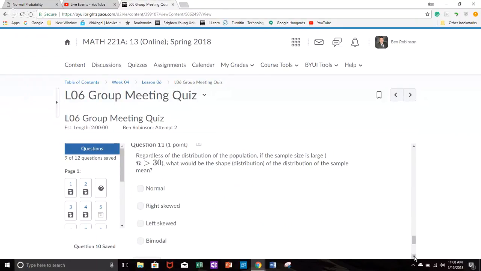Okay. Regardless of the distribution of the population, if the sample size is large, greater than 30, what would be the distribution of the sample mean?